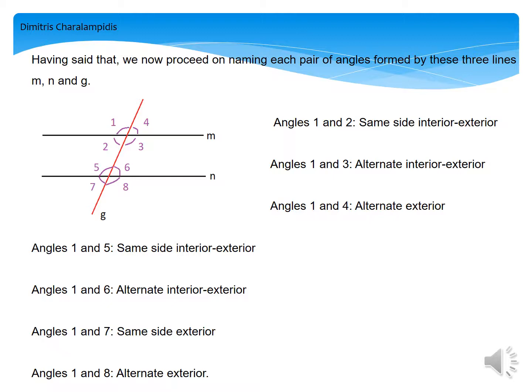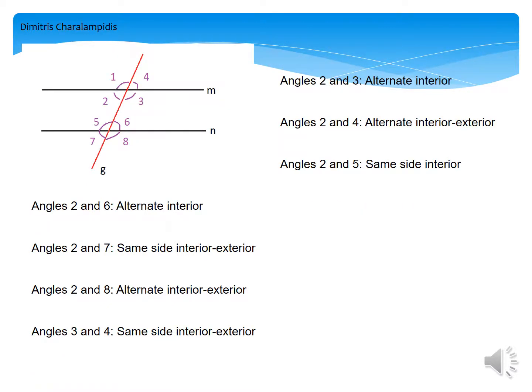They are alternate since they are placed on different sides of line G, and they are exterior since again both of them are placed outside the parallel lines M and N. Angles 2 and 3. They are alternate since they are placed on different sides of line G, and they are interior because they are both placed between the parallel lines. So angles 2 and 3 form a pair of alternate interior angles.